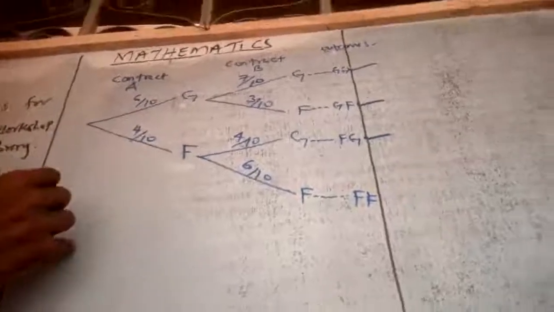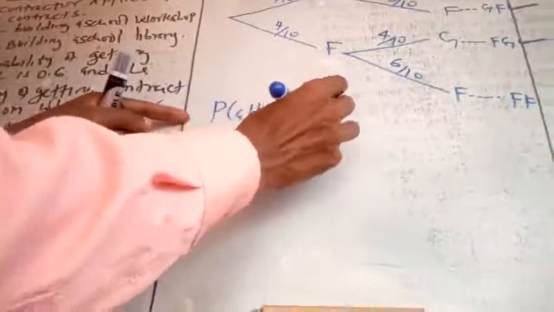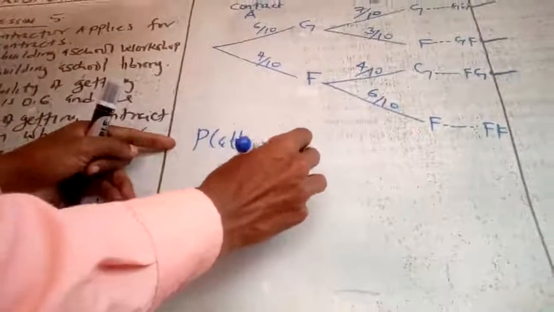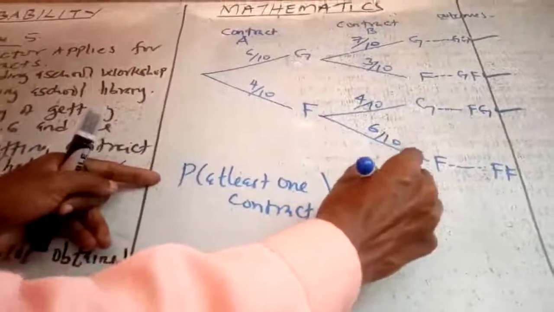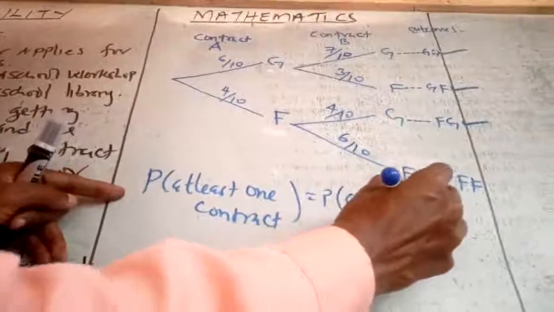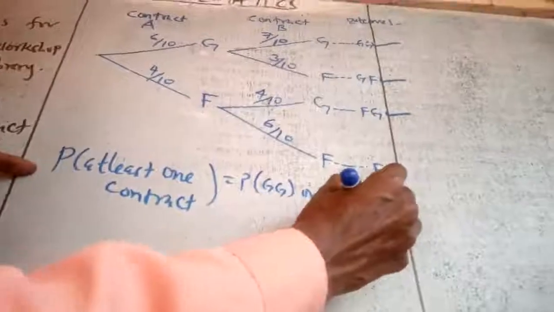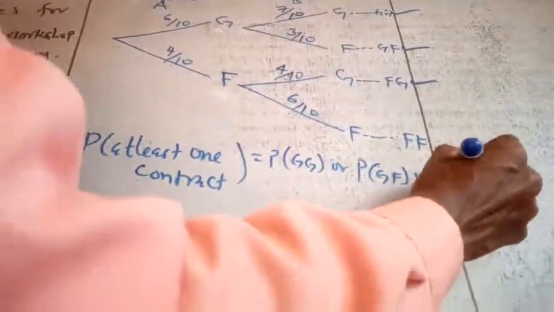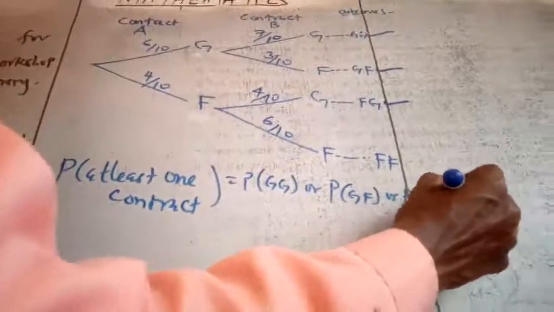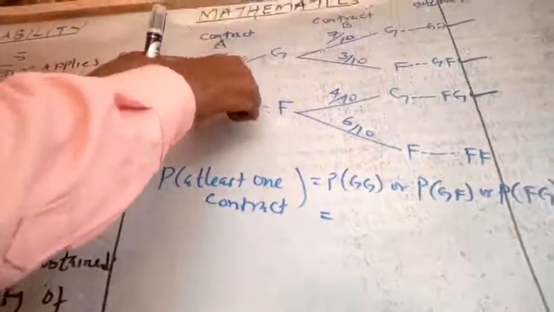And therefore, the probability of at least one contract is given by the probability of getting both of them, or the probability of getting the first one and failing the second one, or the probability of failing the first one and getting the second one.